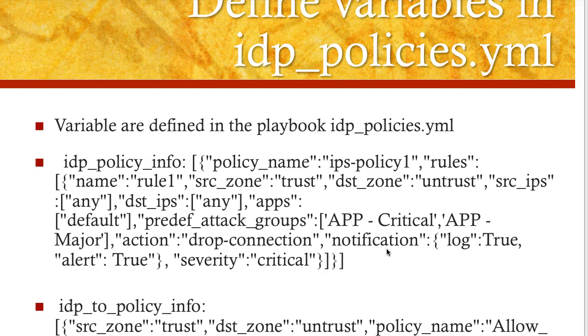In the playbook, there's a playbook we define called IDP policy. You define two variables. One includes the app critical and major categories on the IDP, and the other variable allows us to put the rule set into the firewall policy.